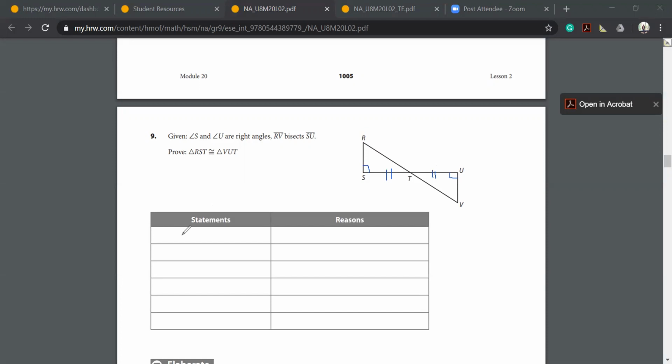So let's write our statements. First of all, beginning with our givens, angle S is equal to angle U equal 90. And why is this? Because this is given.